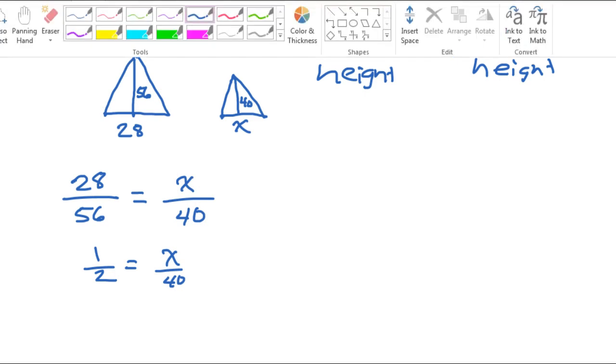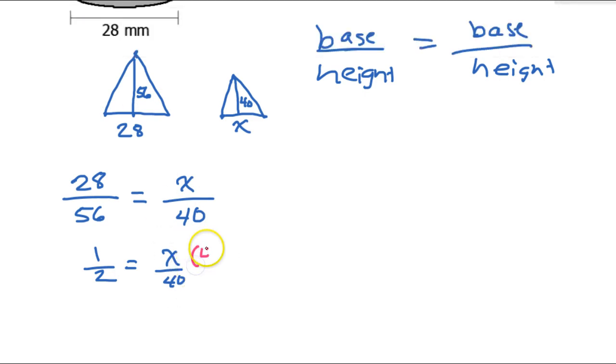And now I'm going to multiply by 40 on both sides, because that will get x by itself. Basically I have x equals 40 times a half. Half of 40 is 20.